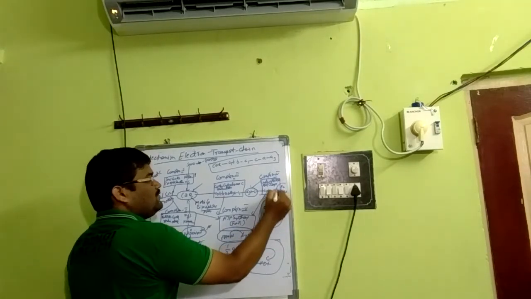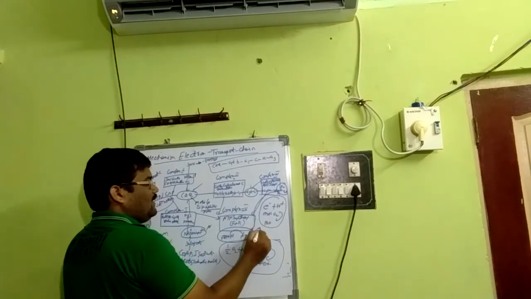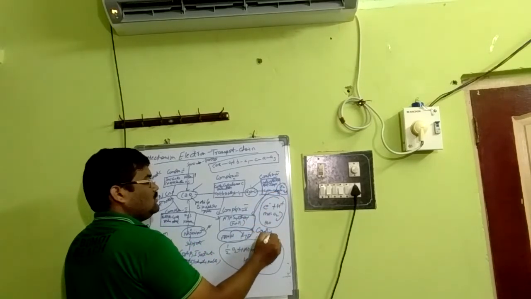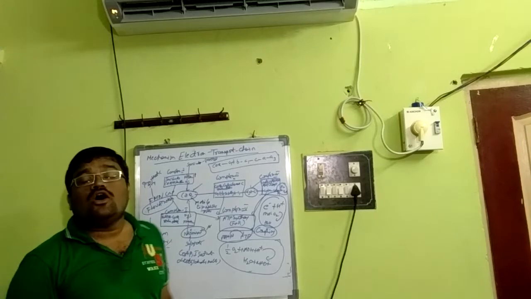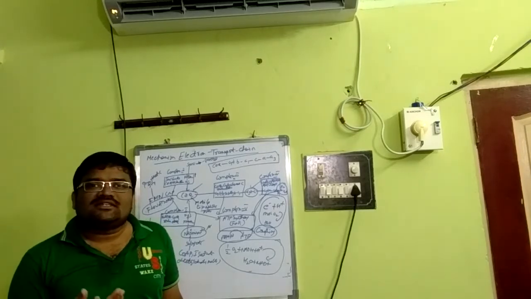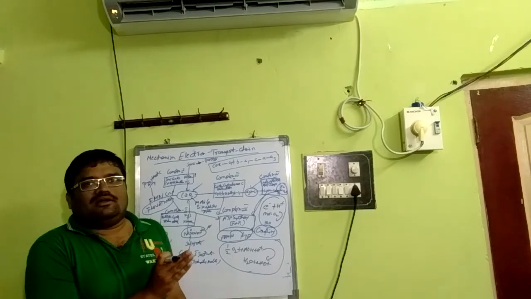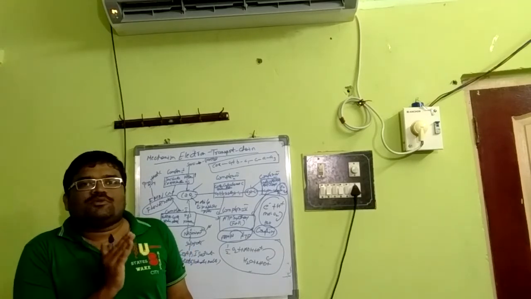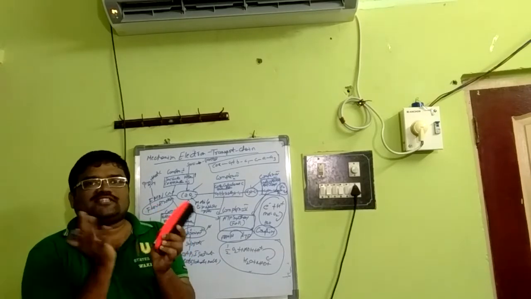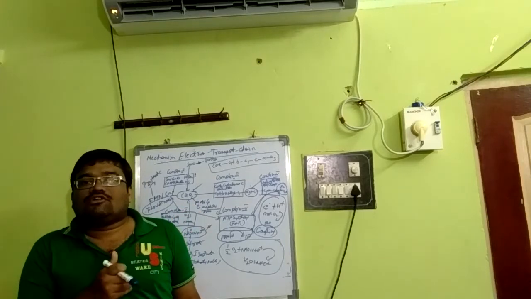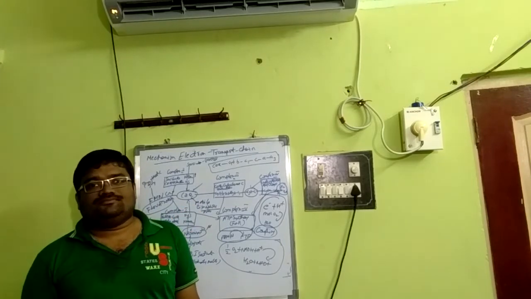These two are linked, what we call coupling. This is exactly what is called oxidative phosphorylation. That means synthesis of ATP is coupled with the electron transport chain, which is the structural aspect to get this done.